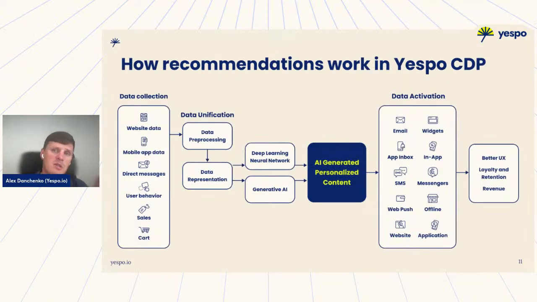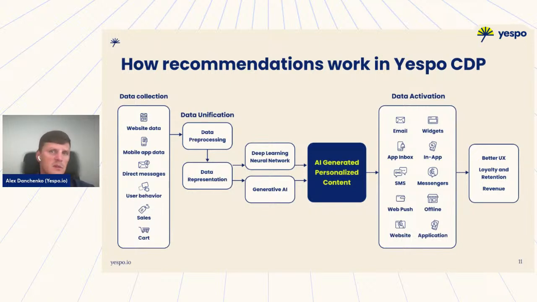So in general, how the system works, there are several main stages that we're going to cover. The first one is data collection. Yespo helps you to collect the data from the website, which is a very powerful data source about the behavior of your customers that is rarely possible to collect with traditional CRMs.